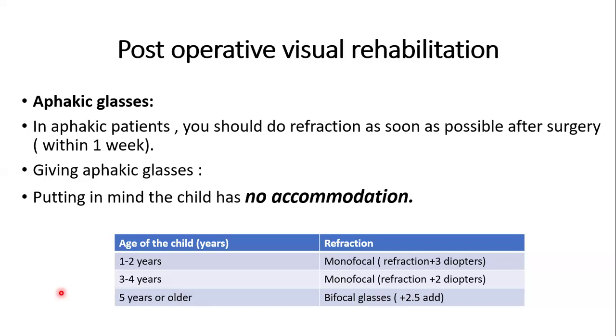So if it is not accessible, you need to give the aphakic glasses and you need to do the patching. Then you can aim for earlier IOL implantation, maybe at the age of 1 or 2 years, if everything is okay. The IOP is normal and everything is quiet, then you can aim for earlier secondary IOL.